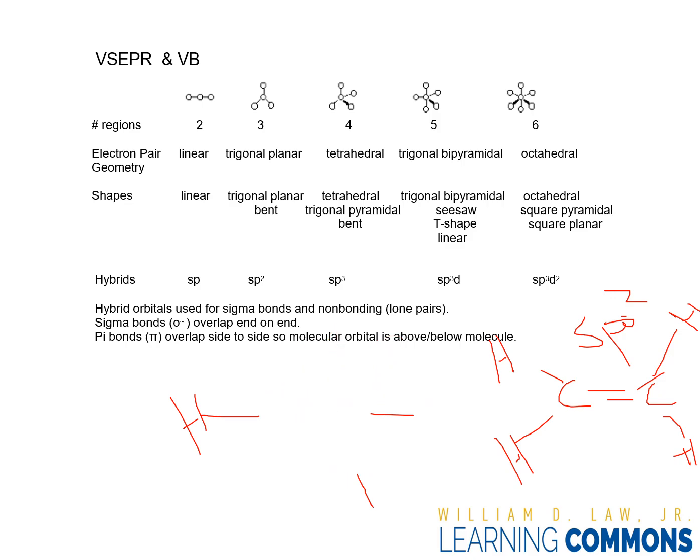Sometimes they give me bent, or trigonal planar. What does that mean? The shape is triangular planar, or bent.